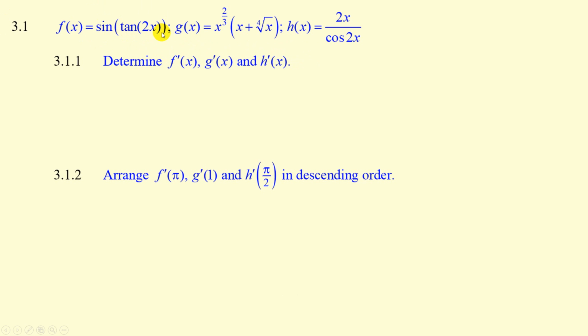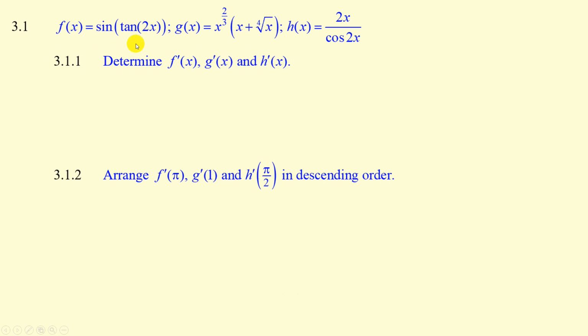Sine of tan of 2x. The outside function is sine. The inside function is tan of 2x, and there's another inside function there being 2x.